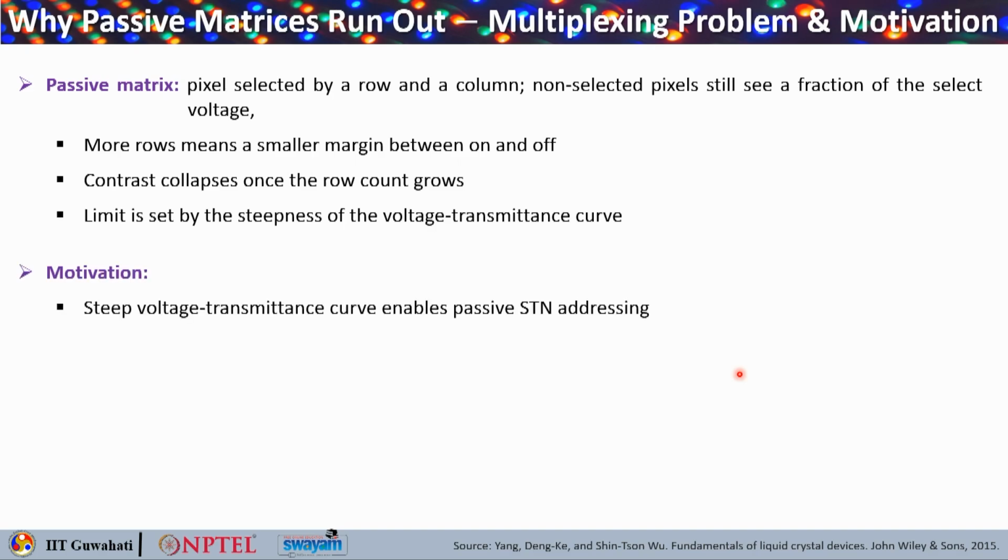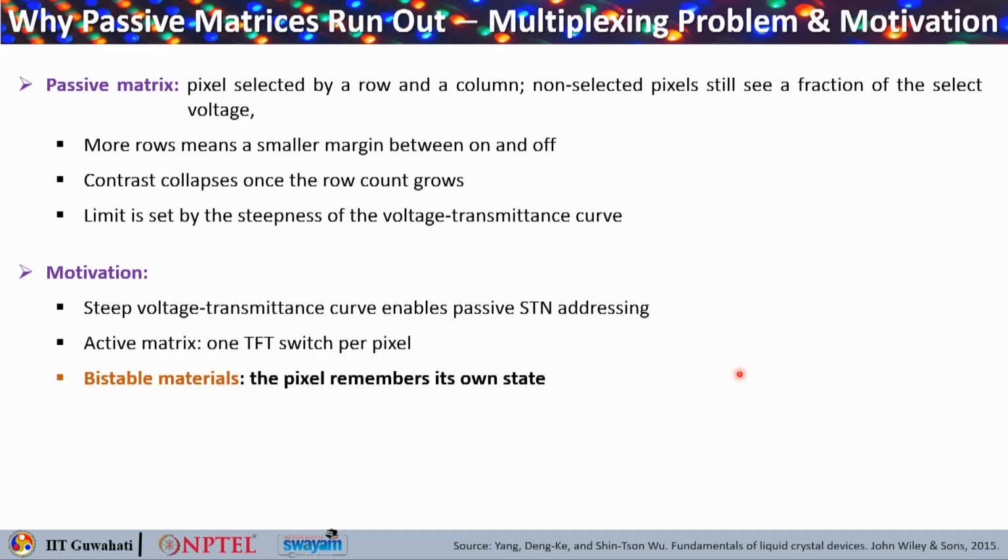The motivation here is to solve this problem, that we require a steep voltage transmittance curve that could enable passive STN addressing. You can also go for an active matrix, which incorporates one TFT switch per pixel. The other could be bistable materials, where the pixel remembers its own state.